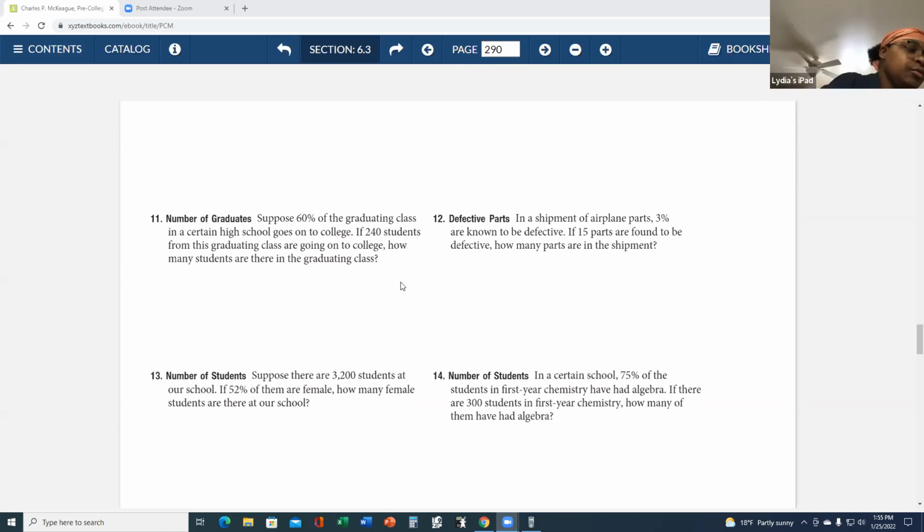It says if 240 students from the graduating class are going to college. Does that mean that there were 240 students in the graduating class? No, that indicates just how many are going to college, correct? In fact, we don't know how many people there were in the graduating class. That's what they're asking us to find.